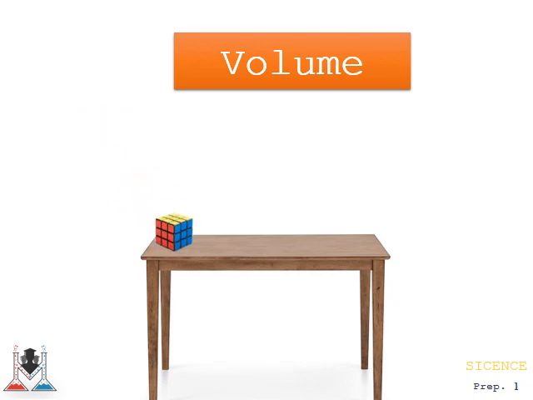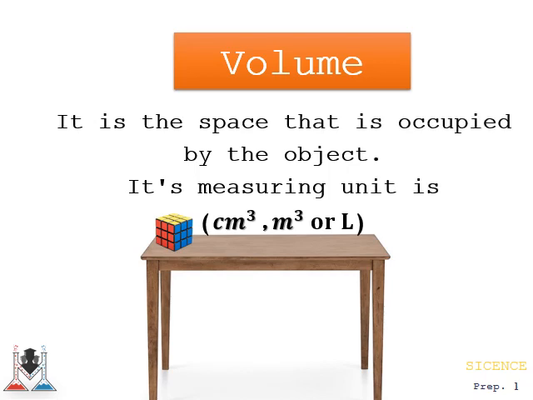This cube occupies a space on this table, so it has volume because volume is the space occupied by the object. If this cube occupies a space, so it has volume. Volume is measured by cubic centimeter, cubic meter, or liter.